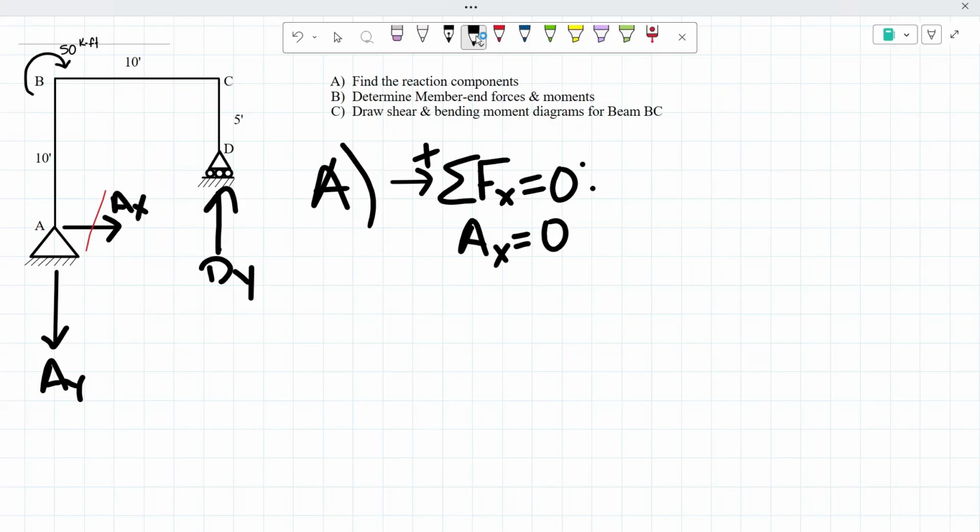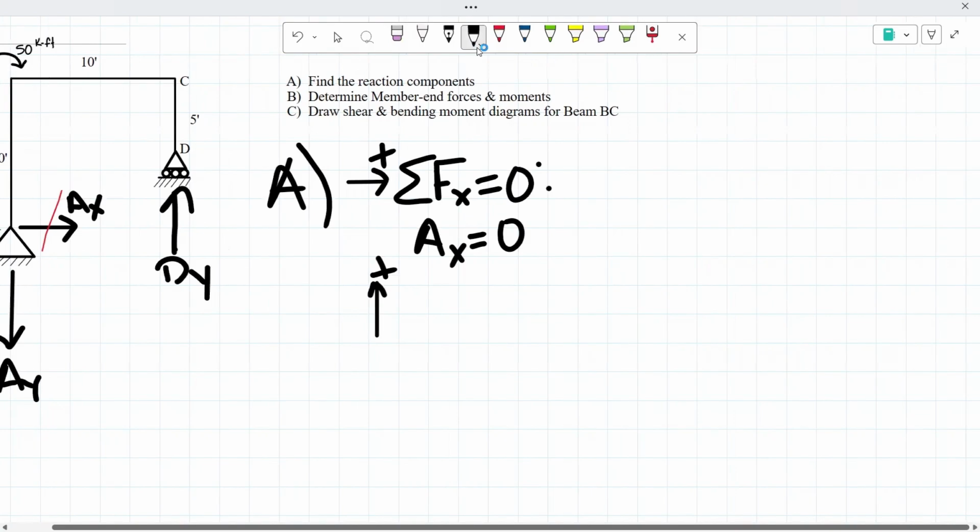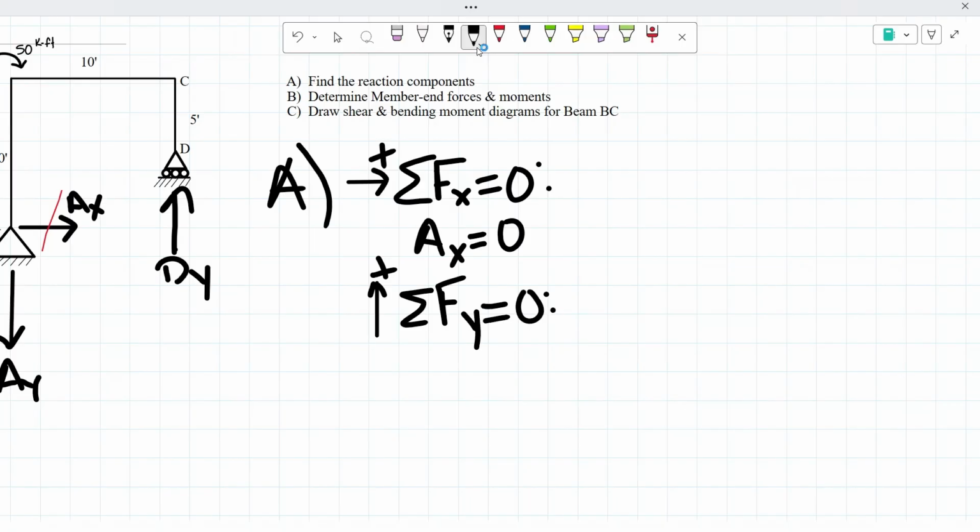Next, we're going to continue on with our y forces. We assume that going upwards is positive, and we know that the sum of our forces in the y direction also has to equal 0. Here we have D of y, and we assumed that it's going to go upwards, so that's positive D of y.